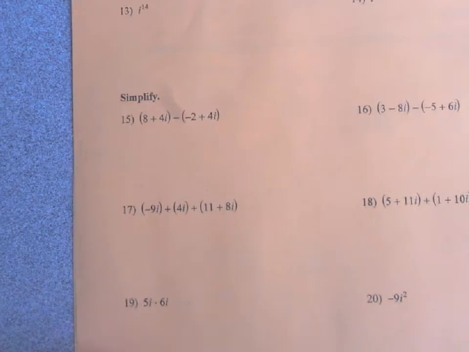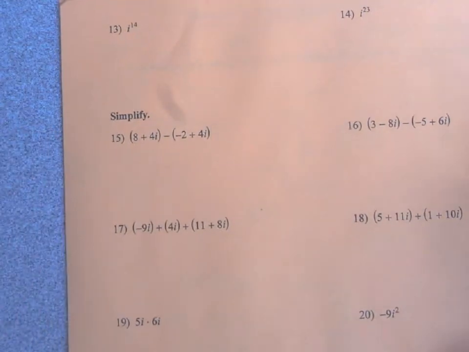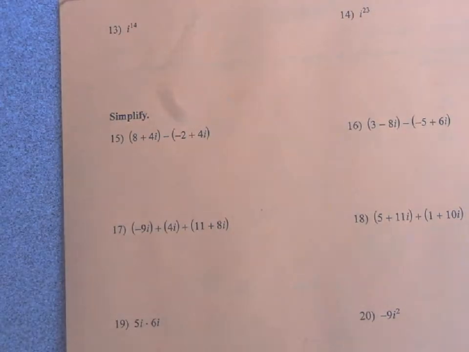Okay, i to the 14th, I'm going to let you do on your own. That's number 13. You can do that one. I'll do one more with you, but again, the whole goal should be becoming independent. So don't rely on the video. You should pause and try both of these. Then you should check your answer to number 13. See if you got it right. If you didn't, go back and see if you can find out where you made a mistake.